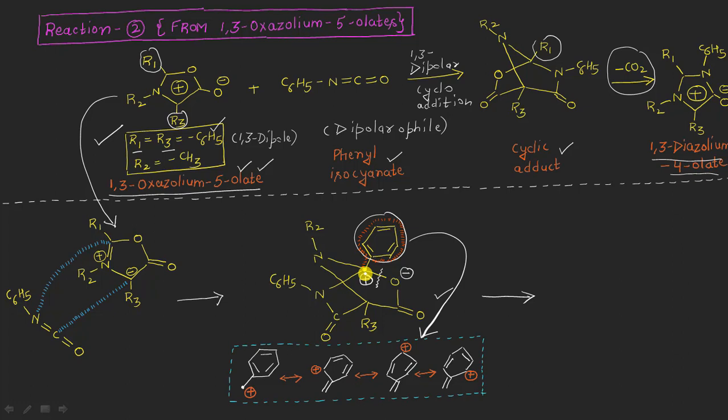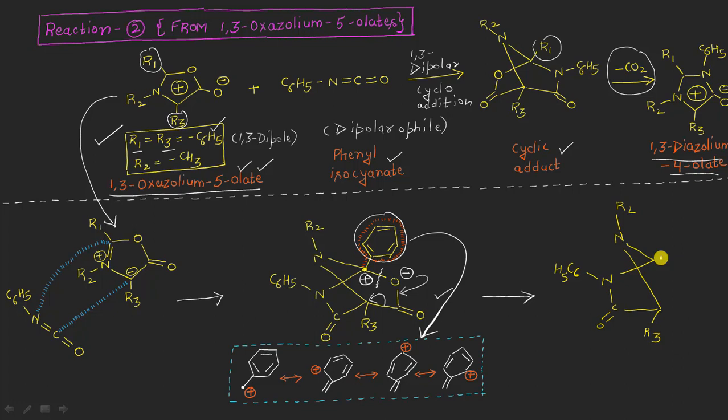And that is only possible by the cleavage of this bond, sending a negative charge onto this oxygen atom, such that these electrons come here like this, releasing a molecule of C double bond O, that is our CO2, and sending these electrons onto this side. So I can draw a structure with the C6H5 here, the nitrogen single bond, this carbonyl single bond, and here the second nitrogen having the R2 group, which is also attached to this carbon atom, to which our R3 is attached like this.